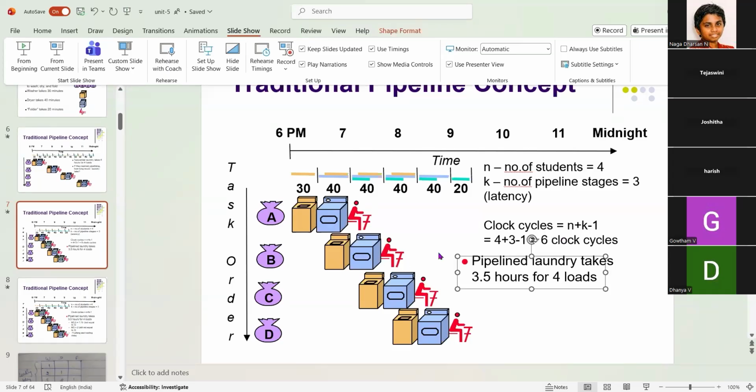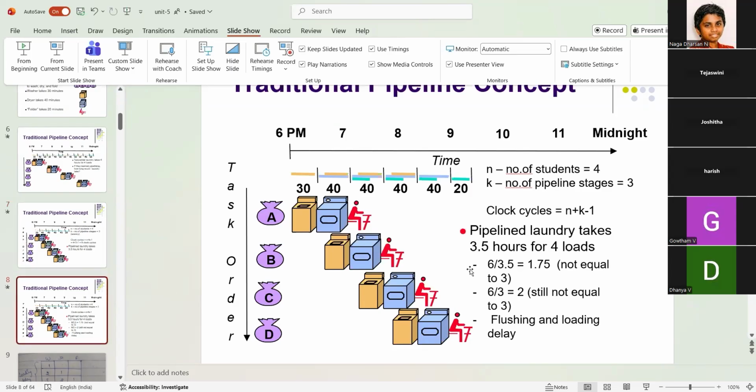Now we will try to calculate what the speed up is. Let's take our first case. Our speed up is essentially non-pipelining by pipelining, so you're trying to see how fast it has become.